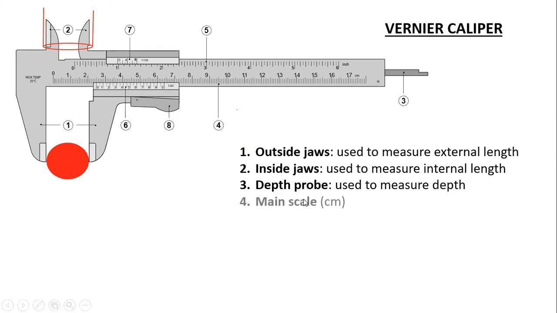Next, the fourth one, we have the main scale. This entire part is the main scale. You can see the calibration of that main scale is in centimeters. Next, for depth also you can make such a diagram.